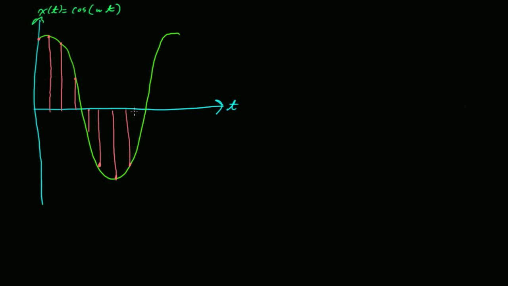Okay, so let's say that the time between samples is T seconds. So watch this. What time does this sample occur at? Can we say that sample occurs at time 0? Good. How about this sample? Where does it occur?